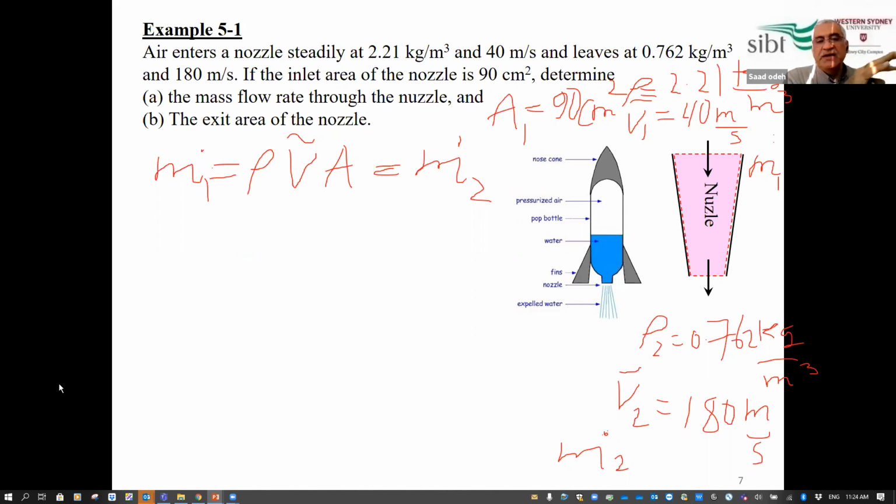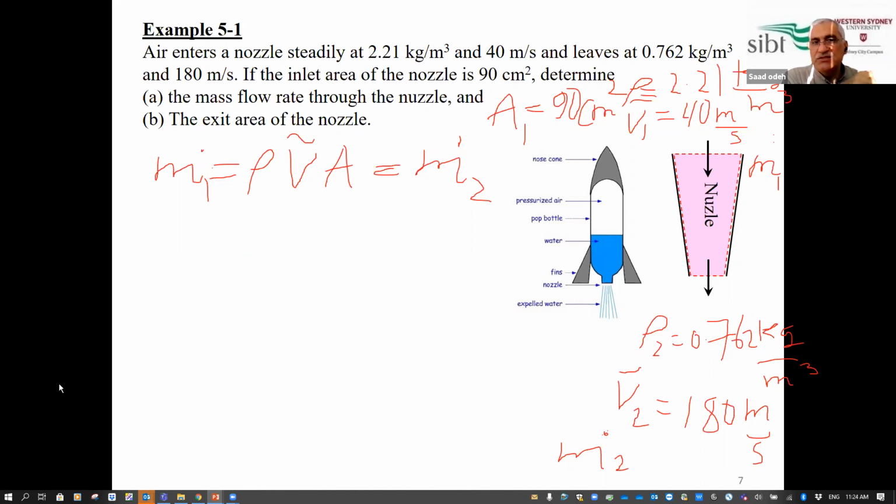Just put it this way. Mass flow rate is the same for liquid and gas. Volume flow rate will change if it's gas. But when it's liquid, it's going to be the same, because the density of the liquid will be almost the same. But for the gas, it will change.